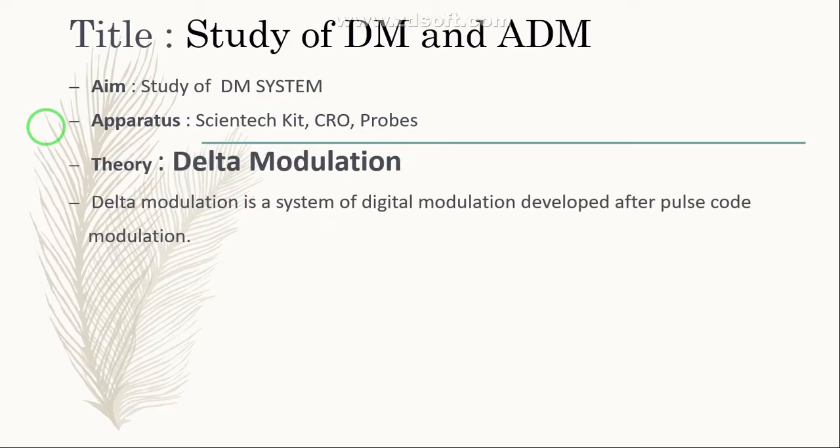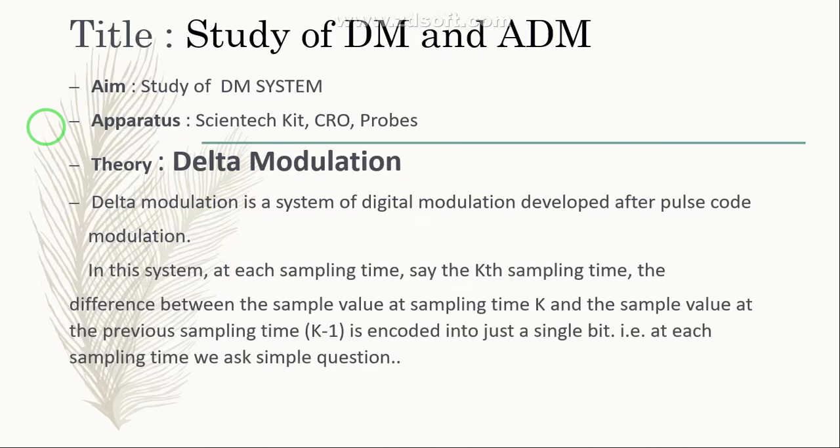Delta modulation is a system of digital modulation which was developed after pulse code modulation. In this system, at each sampling time, say the kth sampling time, the difference between the sample value at sampling time k and the sample value at the previous sampling time, that is k minus 1, is encoded into just a single bit.